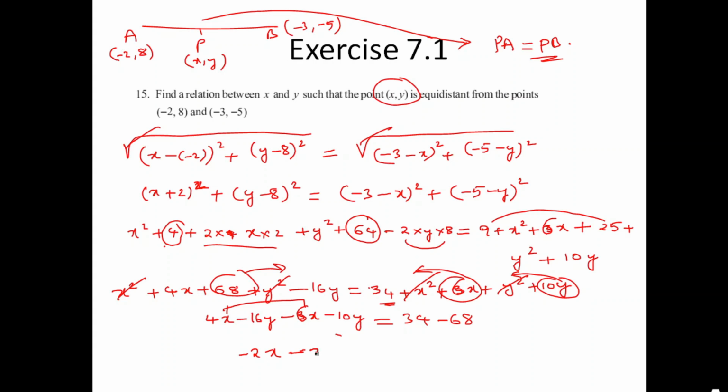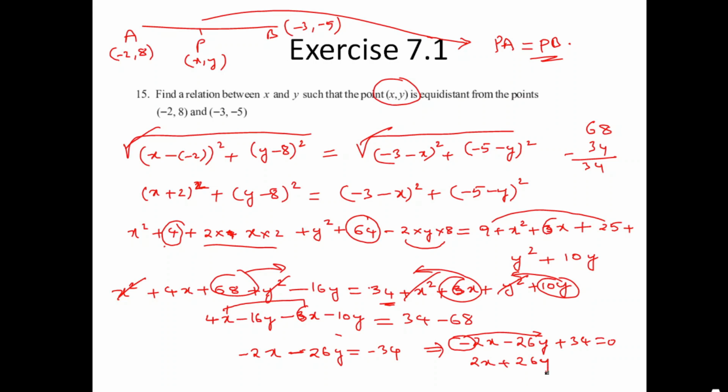So here minus 26y. See, 68 minus 34 is obviously 34 only, right? So I'll get on the right hand side 34. I'm shifting this to the other side: minus 2x minus 26y plus 34 equal to 0. I'm taking this negative symbol inside. So I'll get 2x plus 26y plus 34 equals 0.